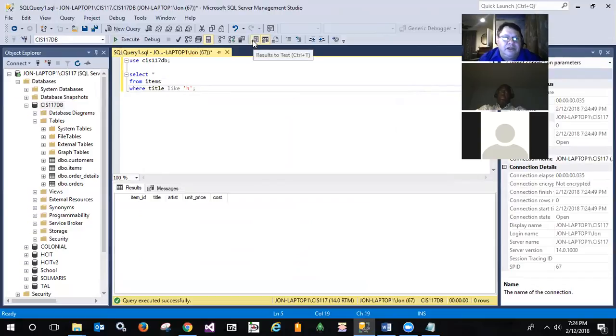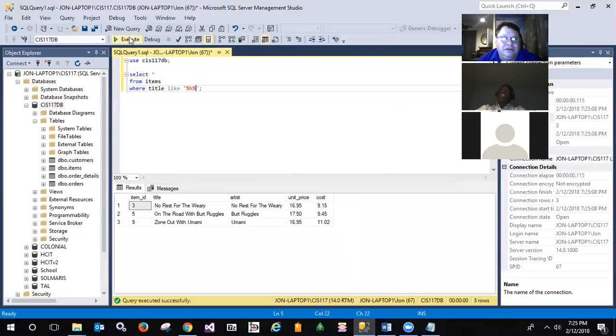That's literally like H. What do I need to add? Parentheses? Not parentheses. What's the wild card? It's either going to be a percentage or it's going to be a star. Which is it for SQL Server? I meant to say percentage. There you go. Okay, so now H could be at the very front, H could be at the end, or H could be anywhere in there. And so there's an H, there's an H, there's an H.